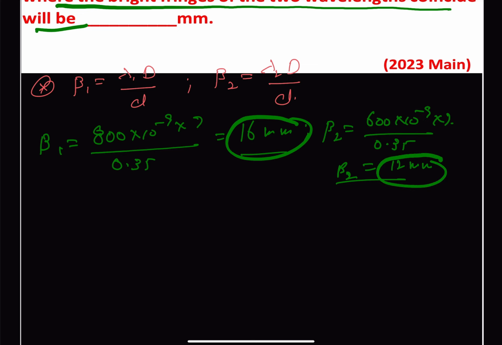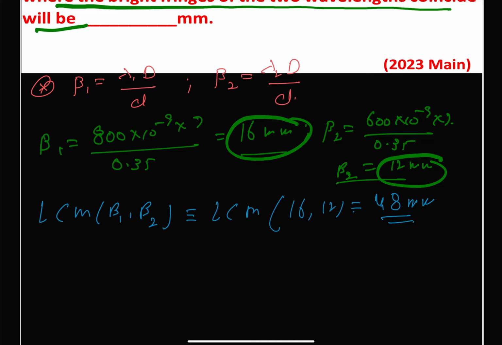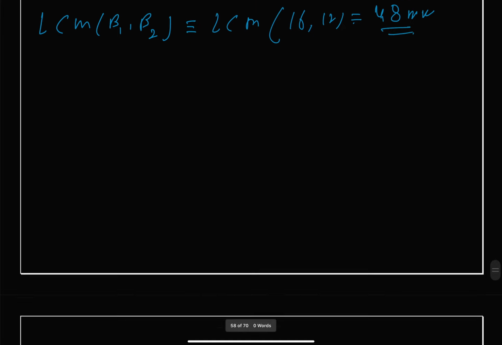So LCM of beta 1, beta 2, which means LCM of 16 and 12 is equal to 48 millimeter. So this is the final answer, that is 48 millimeter is the shorter distance between the two.